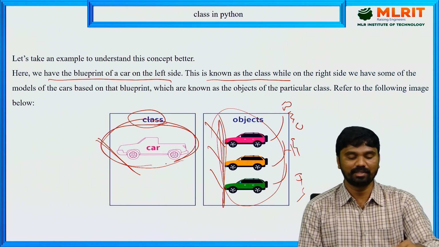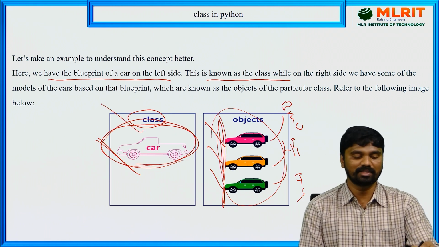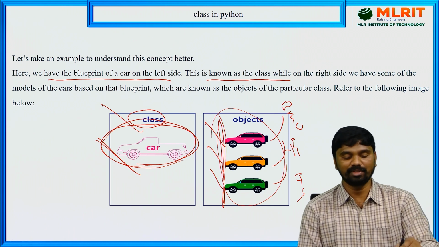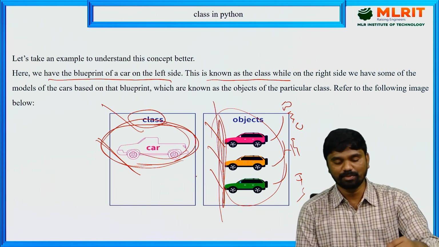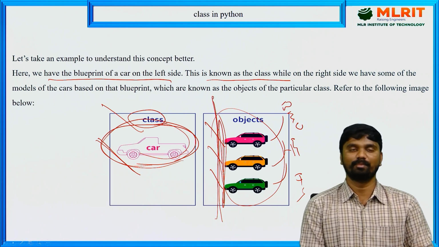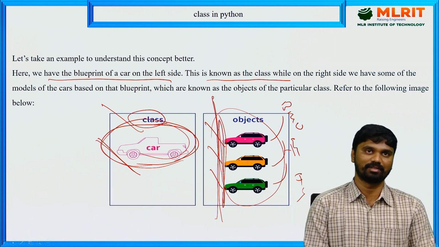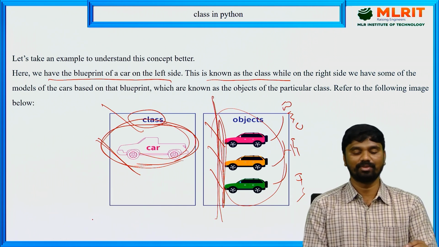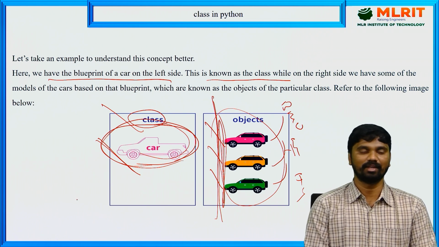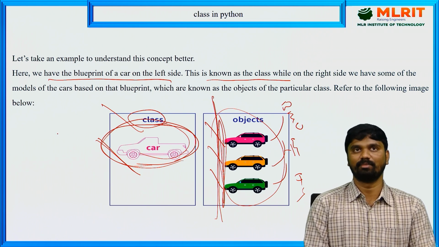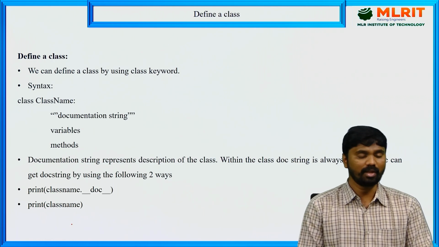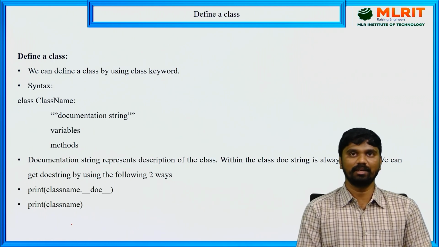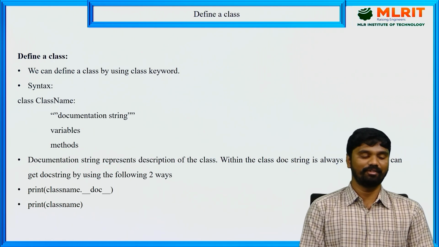The basic blueprint is considered as the class. By using this blueprint, we can create any number of objects, manufacture any number of cars. So that is the image explanation. Now next, how can we define a class in Python?